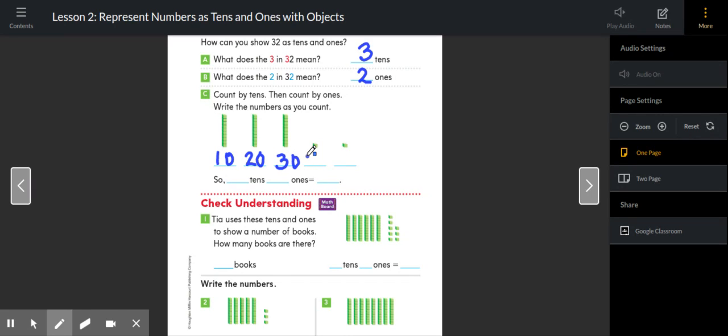And then we're adding our ones. So 31, 32. Boy, my handwriting is much better than this normally, isn't it? So 3 tens and 2 ones is equal to, which means is the same as, 32.